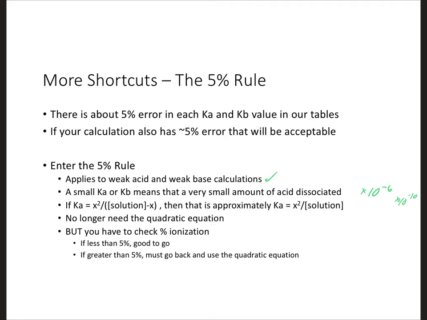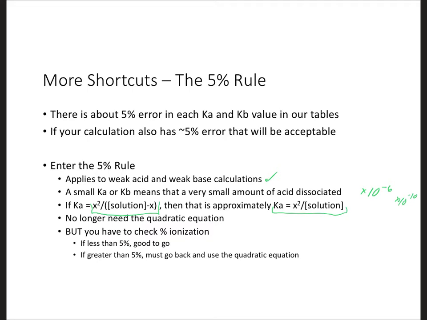So if a Ka is really small, then when we solve our ICE table, when we get down to the shortcut that we just jumped to, x squared over the starting concentration minus x, if very little x dissociates, then that means that Ka is approximately equal to x squared over the starting concentration.